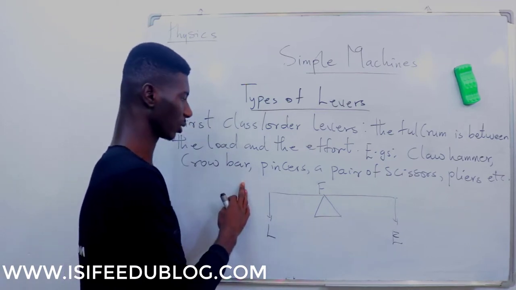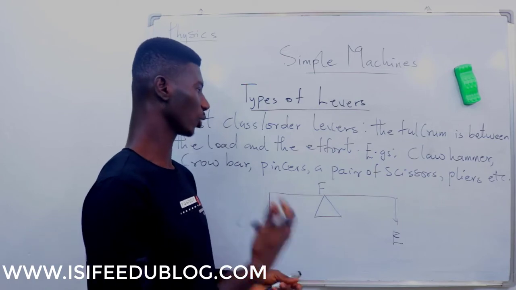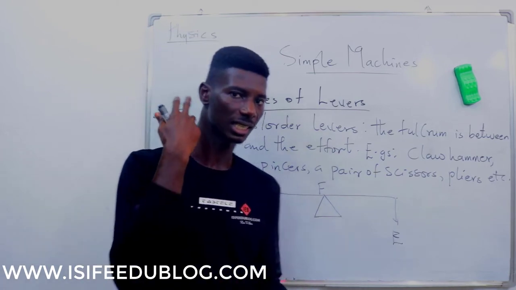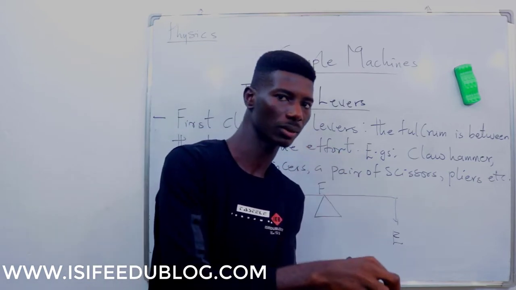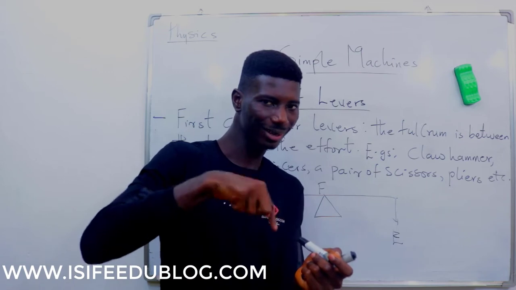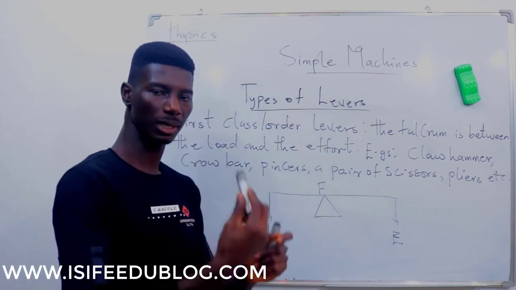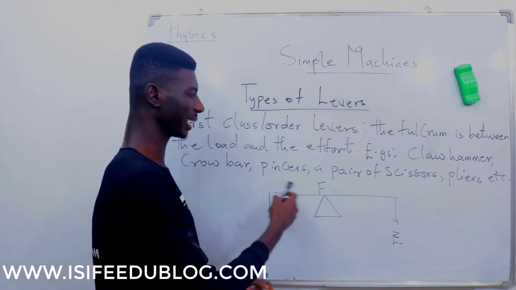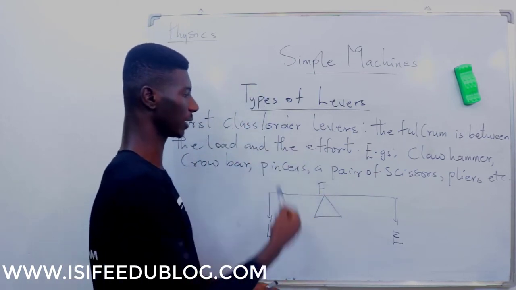A crowbar is also a first class lever. A pincer, you also use it to pierce ears, and so on. The load is attached at the mouth, while you apply an effort, and there's always a round something holding it in between, serving as the fulcrum, so that it can turn. Anytime you have a fulcrum between, this is called a first class.